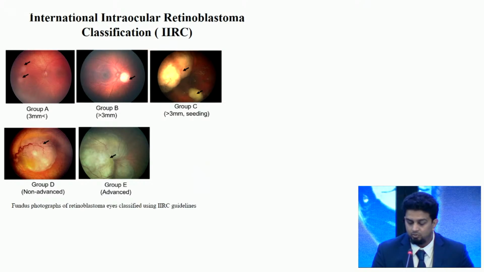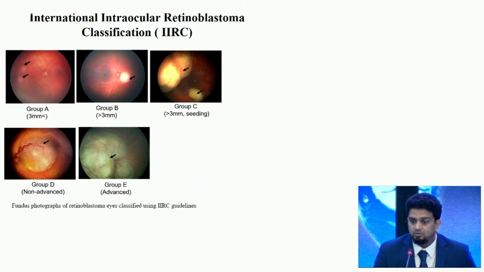Group C tumors are more than 3 millimeters in size, grow throughout the retina, and also have vitreous seeding. They pose moderate risk, but in group D, tumors grow larger and also cause vitreous seeding, which are small tumors that break into the vitreous, and they also cause retinal detachment.